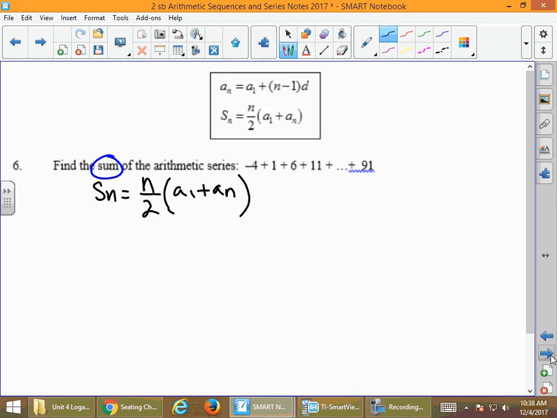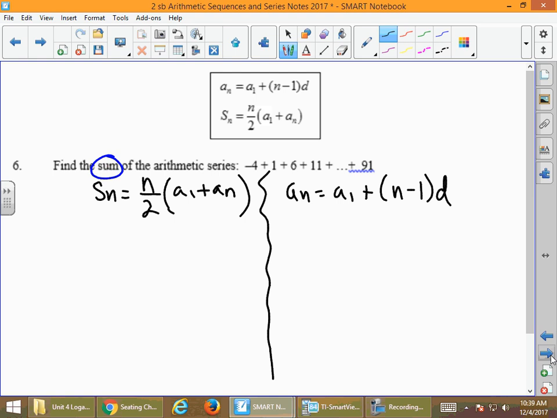And the thing is, we know what an equals, but we don't know what n equals. Like I said, so I'm going to have to do this. We are going to have to use this formula this time.